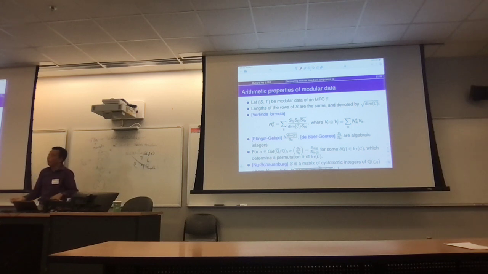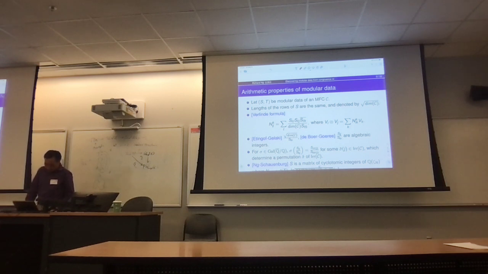So I simply define the dimension this way: the length is defined in terms of the S matrix, and the norm square of each row is the dimension of C.